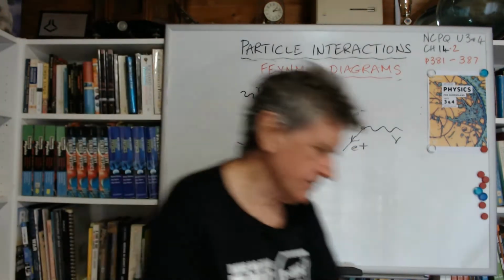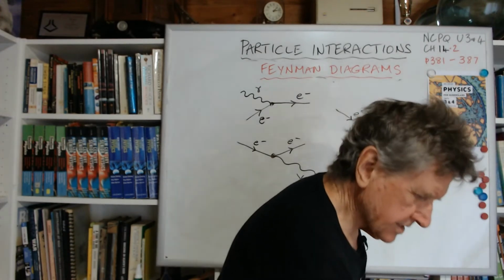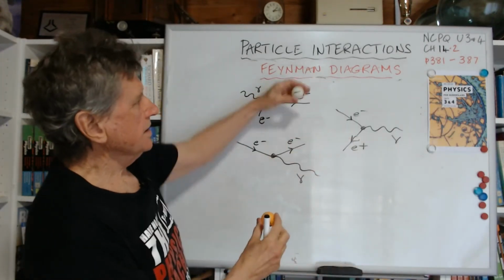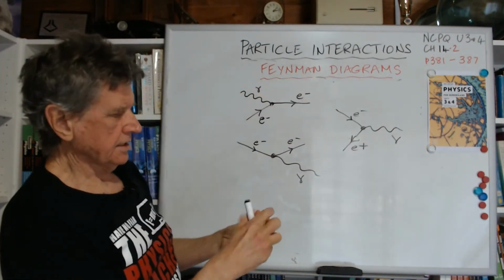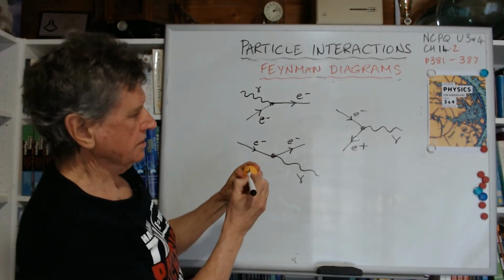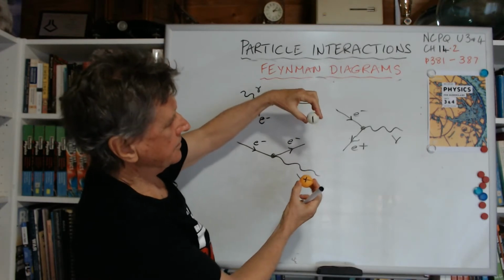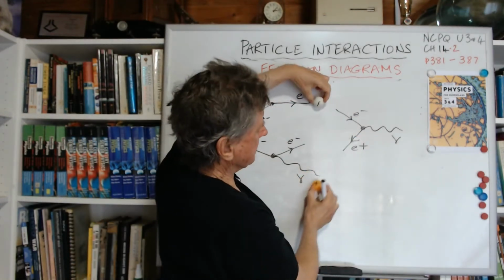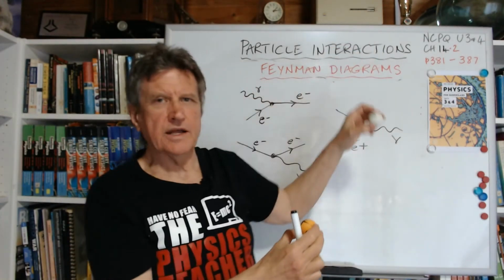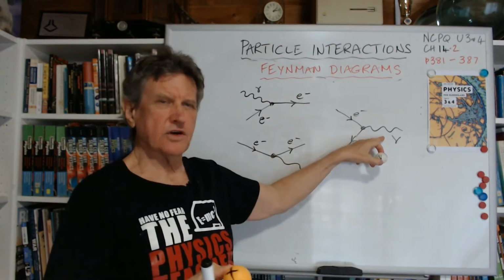You can imagine, here's my electron and here's my positron, which is a positive electron, coming in like that. So they're meeting and they annihilate each other and turn into a flash of light, if you like.